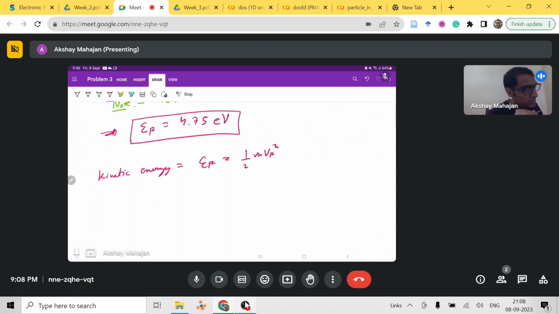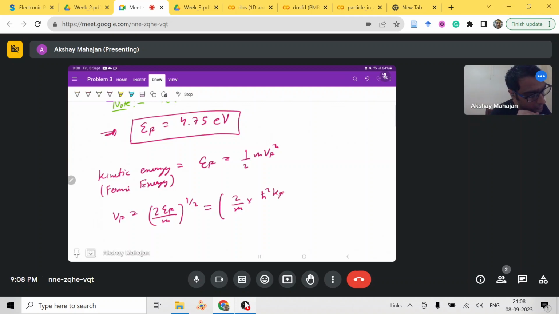So I can write vF as (2 epsilon F upon m) to the power 1 by 2, and again we can write epsilon F as h-bar square kF square by 2m, all to the power 1 by 2.